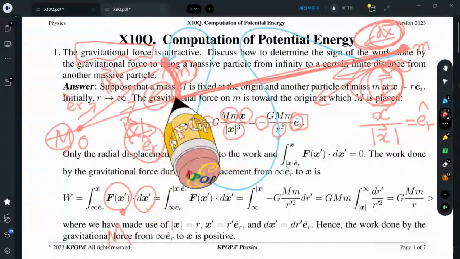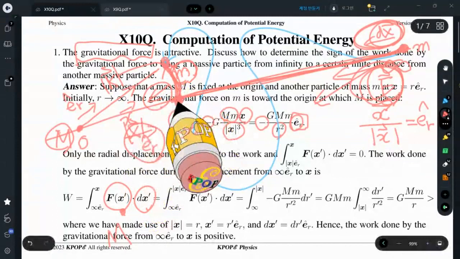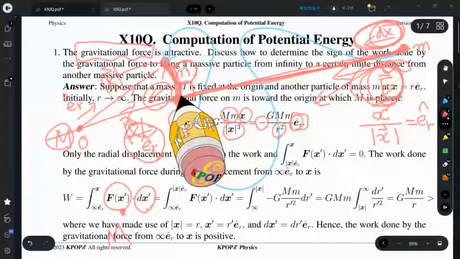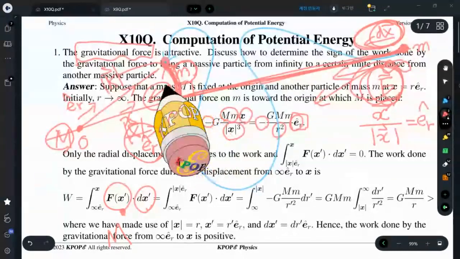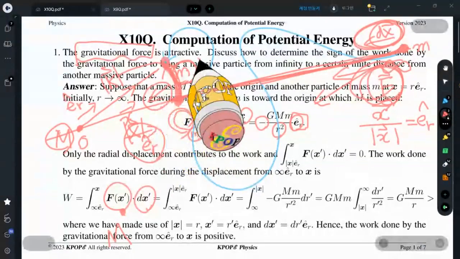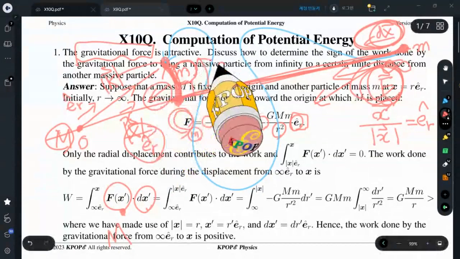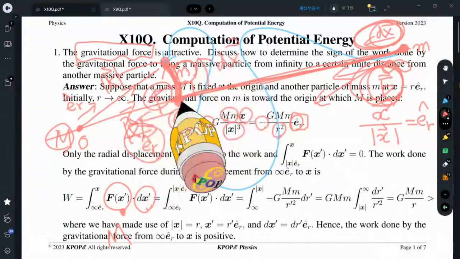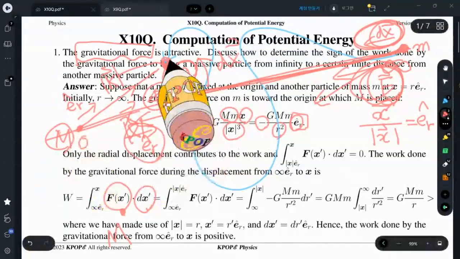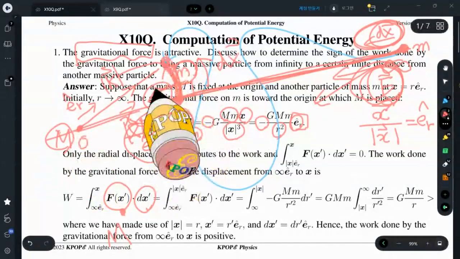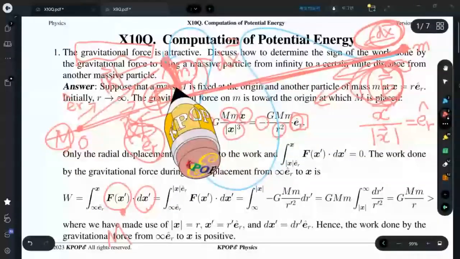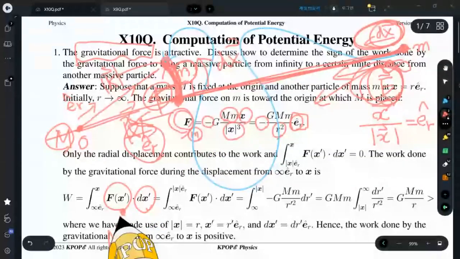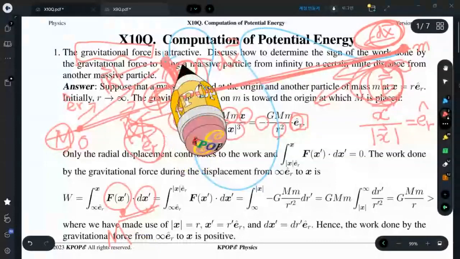If the displacement from here to there is perpendicular to the radial direction, the displacement and the force make a right angle. So during this displacement, we do not have any contribution; it vanishes.